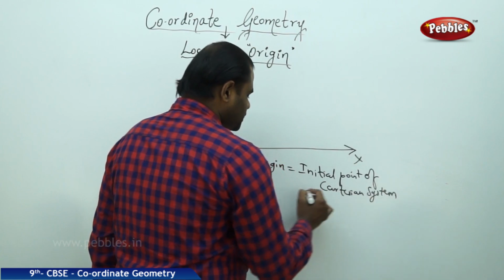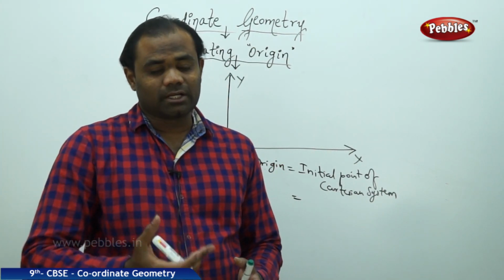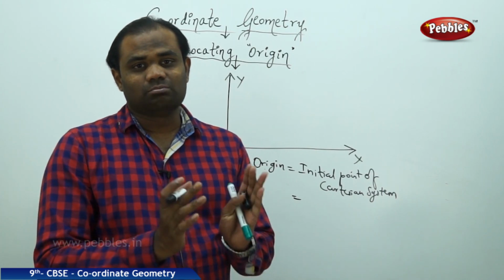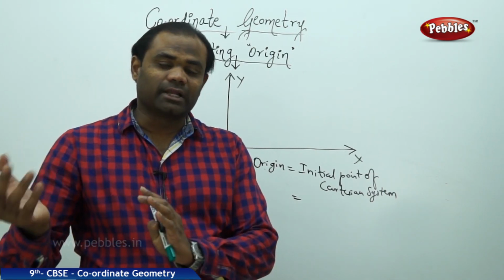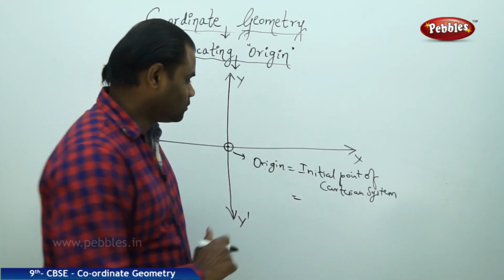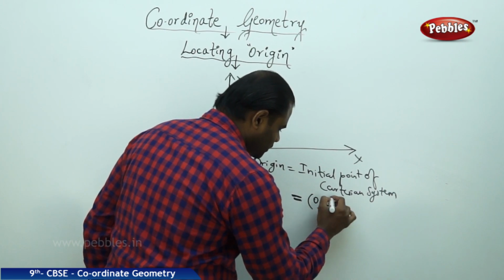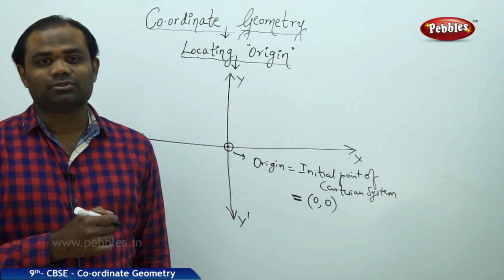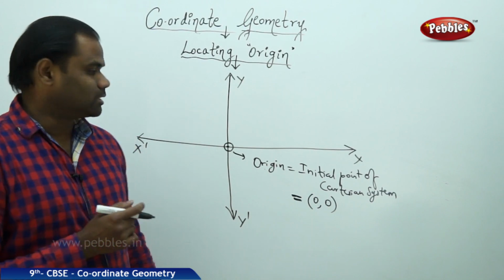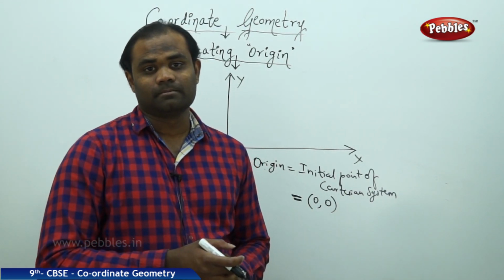Now, because it is the initial point of the Cartesian system, it is understood to have been without moving any units right or left or up and down. It is initially at the point where the x coordinate is assumed to be 0 and the y coordinate also is assumed to be 0. That is how we understand the origin as connected with the Cartesian system.